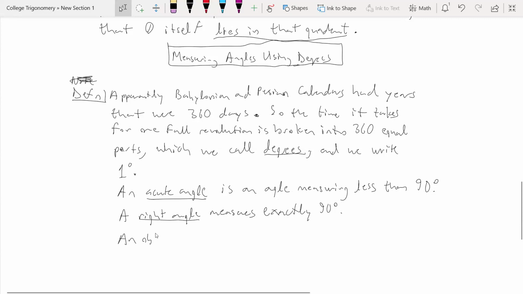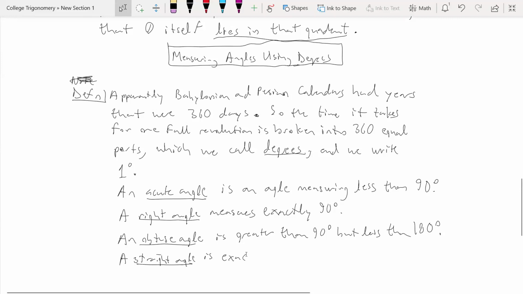An obtuse angle is greater than 90 degrees, but less than 180 degrees. Very important there, right? And then a straight angle is exactly 180 degrees. Okay. And I guess for an acute angle over here, I should say it's a positive angle.